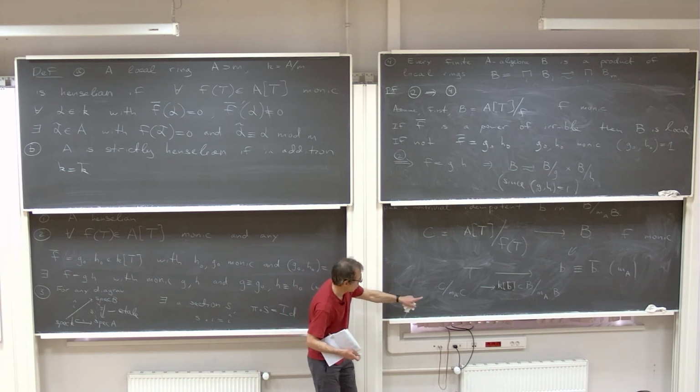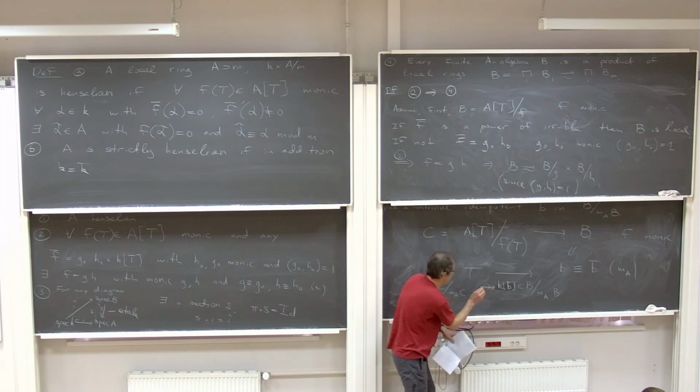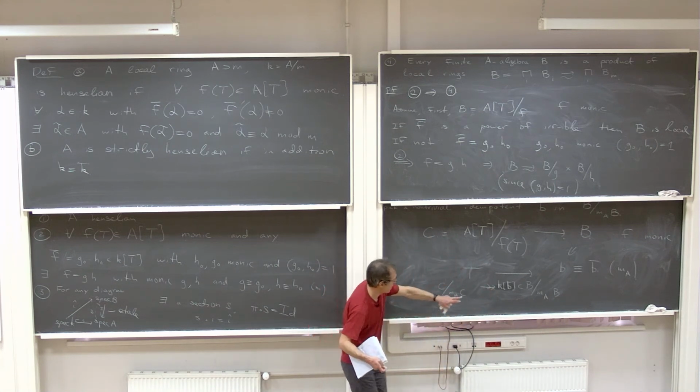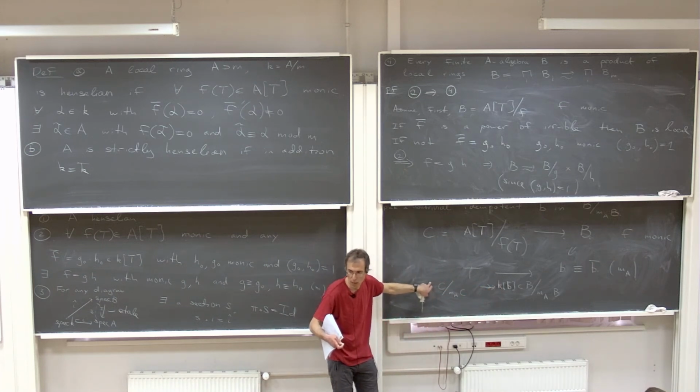Okay, so these are Artin algebras. This is a surjection. This has a non-trivial idempotent, B bar, and I can lift it to a non-trivial idempotent here, right?